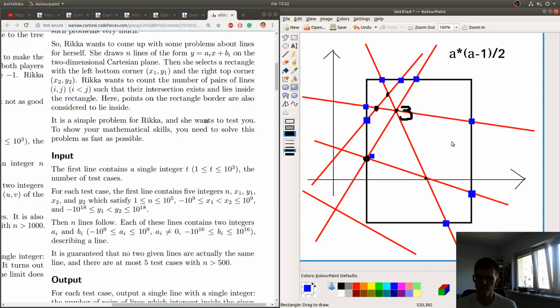So we can find those intersections, and actually those create some pairs. For example, we have one pair here, like these two intersection points come from the same red line. So yeah, this is a pair. Also, for example, this is a pair because it comes from the same line, and so on.